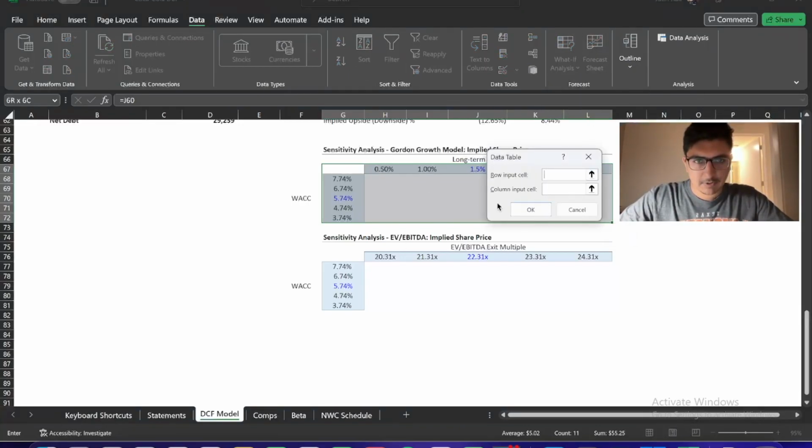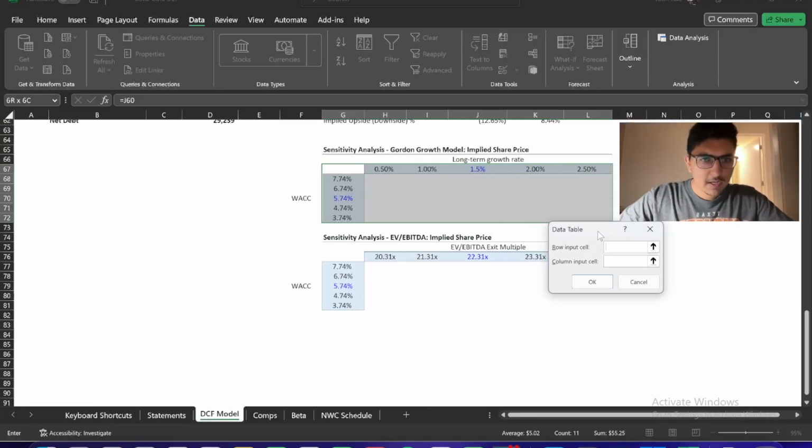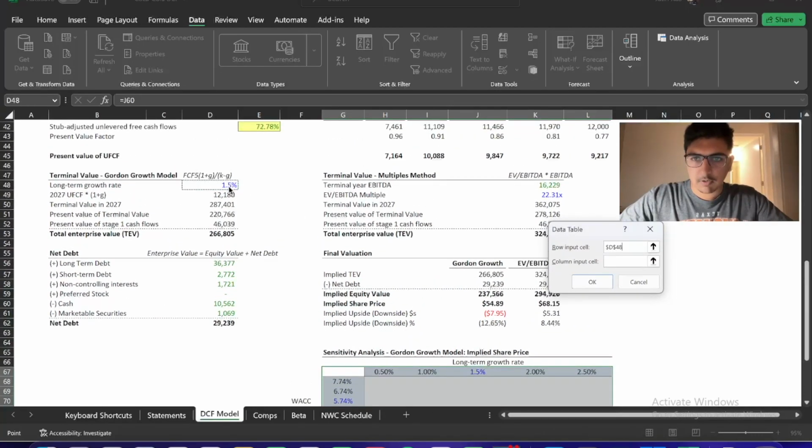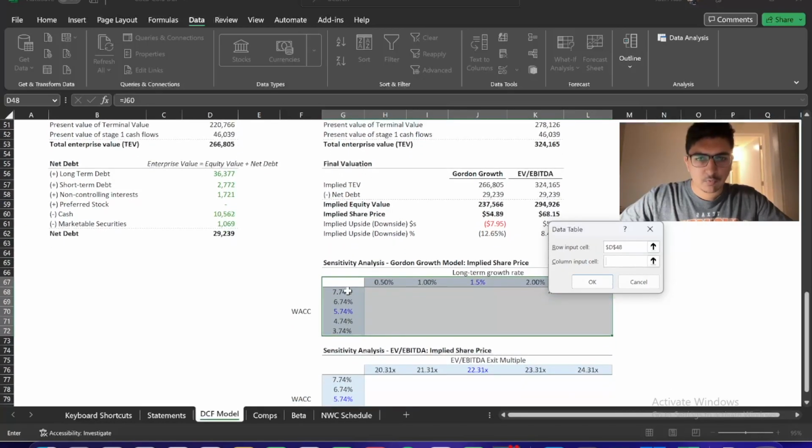We're building a data table here. The row input cell is what is changing throughout the row, and that is our long-term growth rate. So select here the long-term growth rate. And then our column input cell is what is changing throughout a column, and that is our WACC.